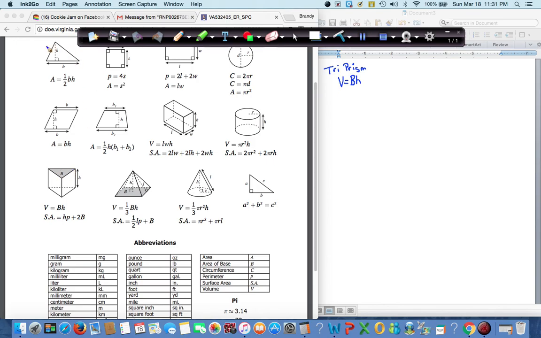You can go back up here. The area of a triangle, in other words what big B is actually going to equal, is half base times height. And see here they use a little b because they just want the base of the triangle, not the big base of the whole thing. So I'll show you what I mean by this.